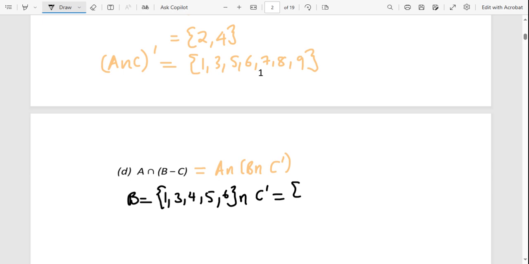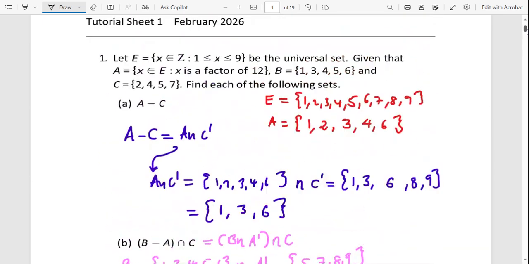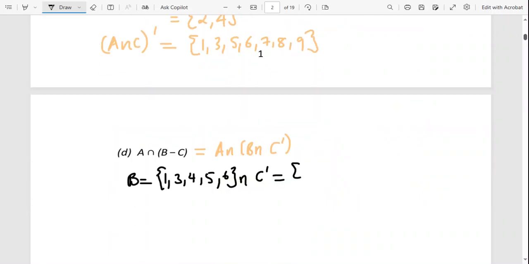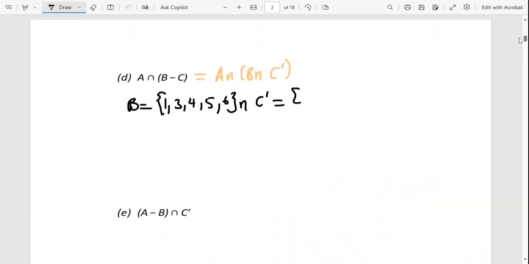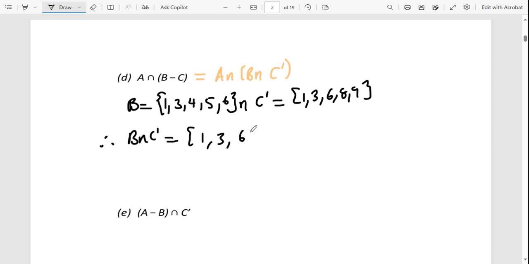Remember the set C has got only 2, 4, 5, 7. So just remove 2, 4, 5, 7 from the universal set. So we're going to have 1, 3, 6, 8, and 9. We've removed the 2, 4, 5, and 7. So B intersection C complement is equal to, you can see 1 is common, 3 is common, and 6 is common.